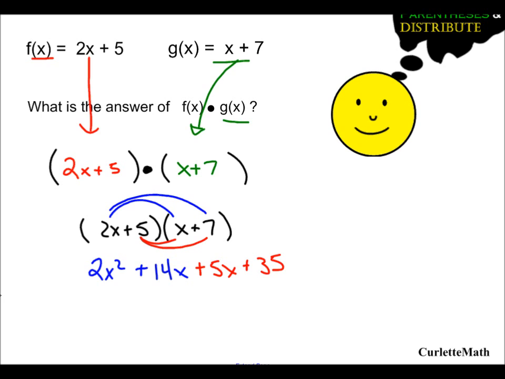Again, combining like terms, I'm going to get 2x squared plus 19x plus 35. And that is going to give me f of x times g of x equals my function 2x squared plus 19x plus 35.